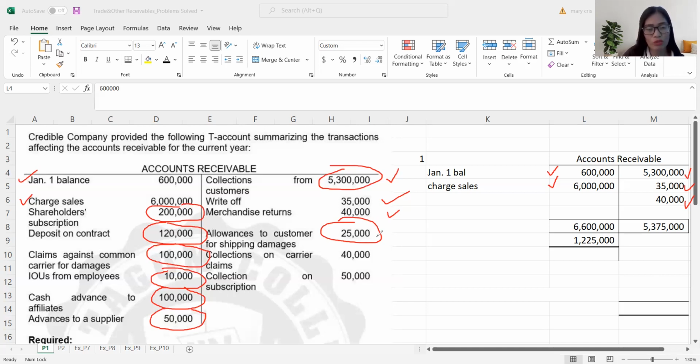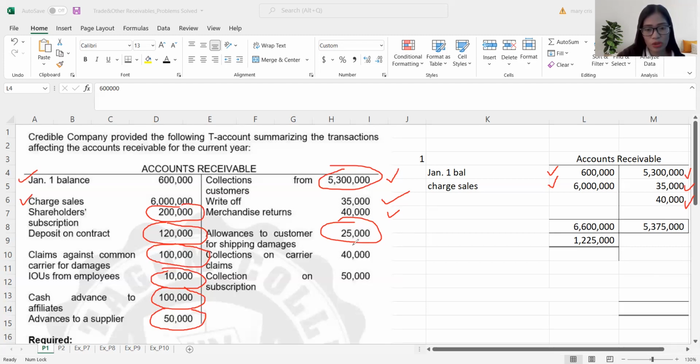So if you're asked to compute kung magkano yung amount na accounts receivable to be reported in your records, in your financial statements, then this 25,000 will be deducted. So that will be AR minus all of the allowances. So in this case, the allowance to customers for shipping damages.